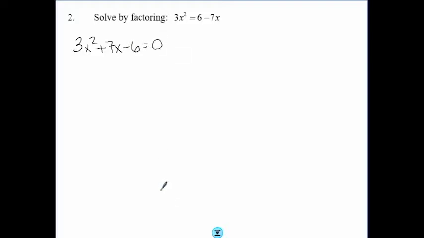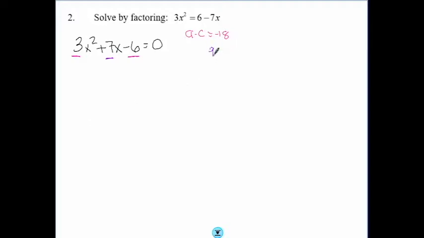Now the first method I'm going to show you is called factoring by grouping. When you factor by grouping, you need to multiply a and c together. You get negative 18. Then you need to find two numbers that multiply to negative 18 and add up to, in this case, 7.